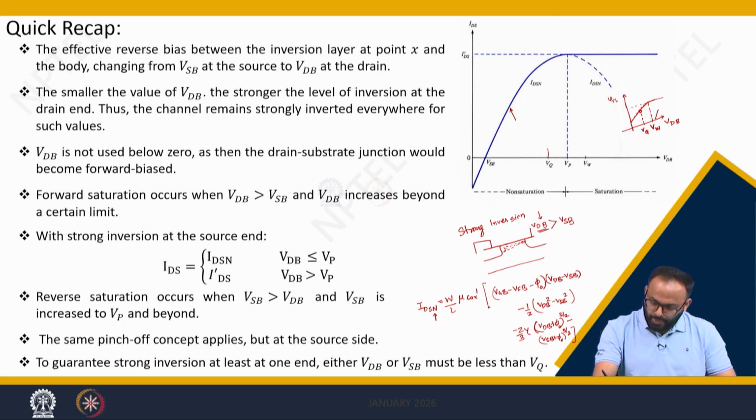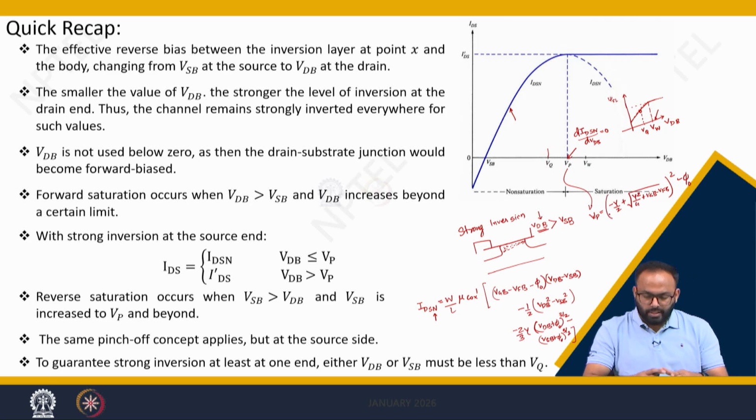At the pinch off region we define the slope of the current, dIDSN divided by dVDB, equal to 0, which was nothing but V pinch off equals minus gamma by 2 plus square root of gamma square by 4 plus VGB minus V flat band voltage, whole square, minus phi naught.